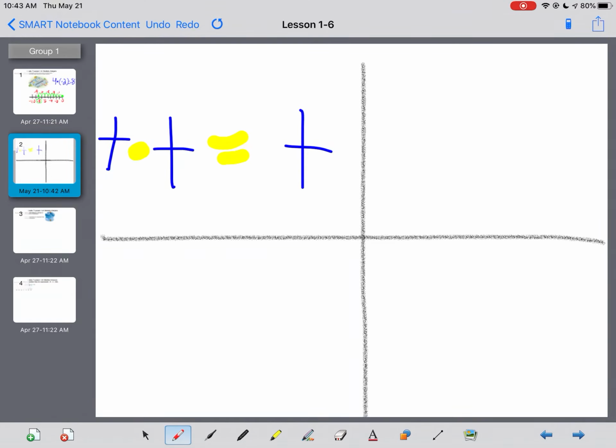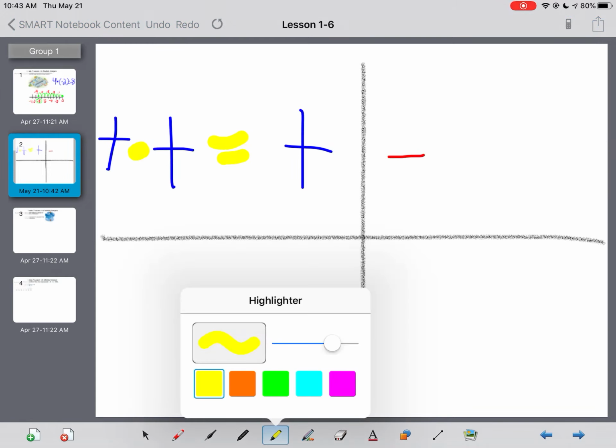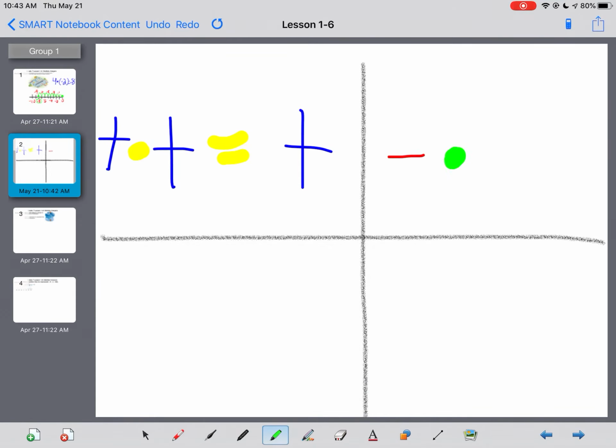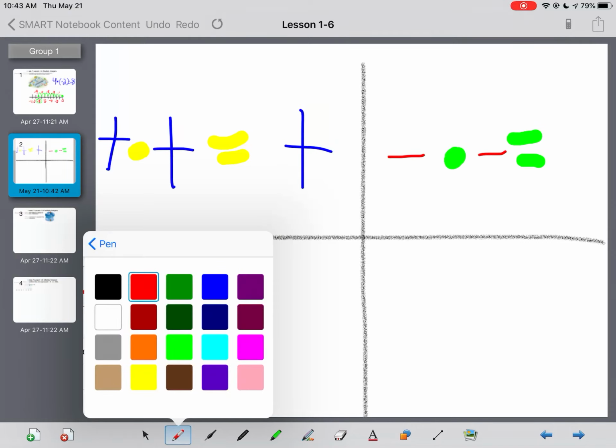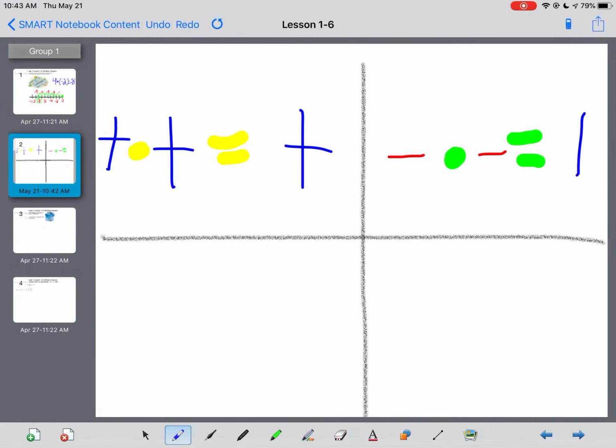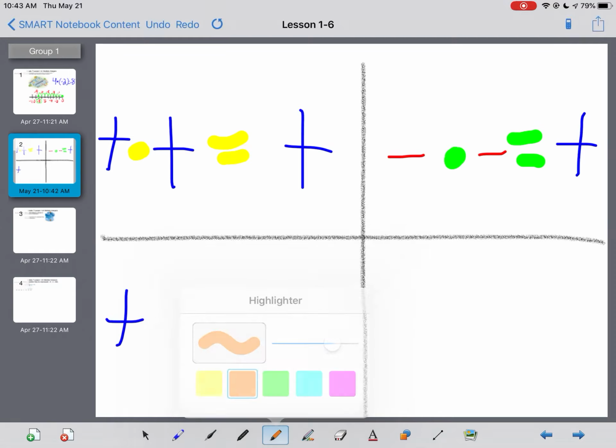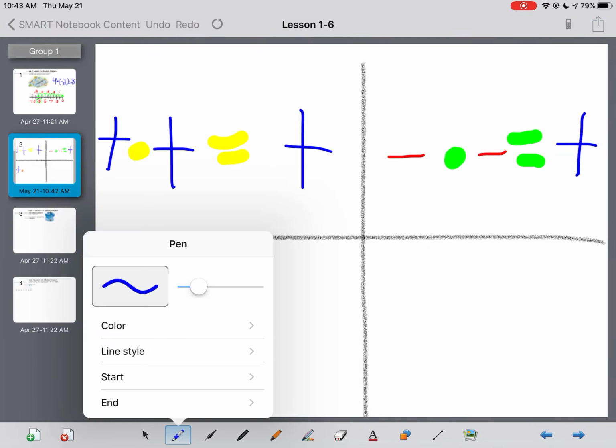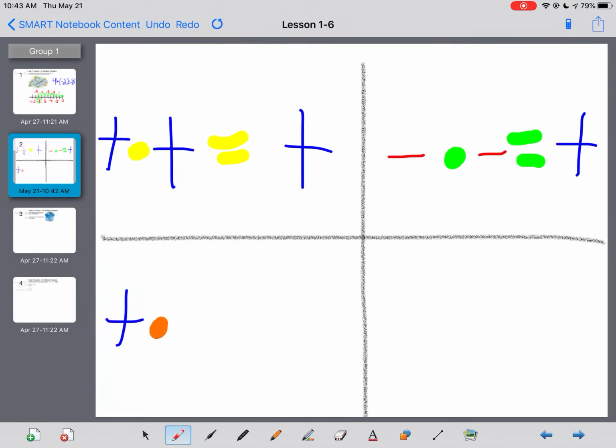Now we are going to do negative times negative, and that is also a positive. So negative times negative actually equals positive. So positive times positive is positive, and negative times negative is positive. Now down here, a positive multiplied by a negative is actually a negative.